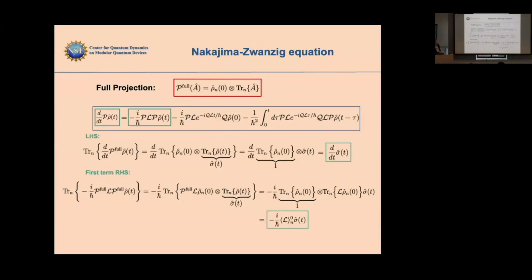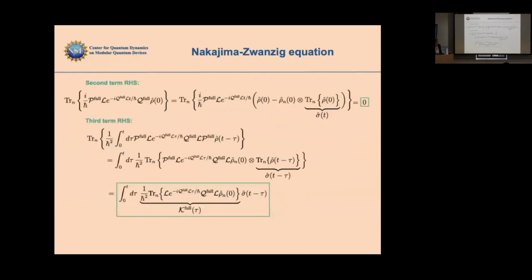The left-hand side corresponds to the evolution of the reduced density matrix elements simply because that trace is equal to 1. The first element corresponds to the projected Liouvillean. The second term goes to 0, the third term goes to 0, and the remaining term gives this expression in terms of the integral of the kernel. Then we get the derivation of what the kernel is.